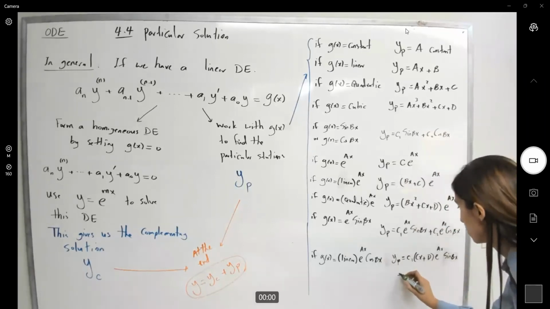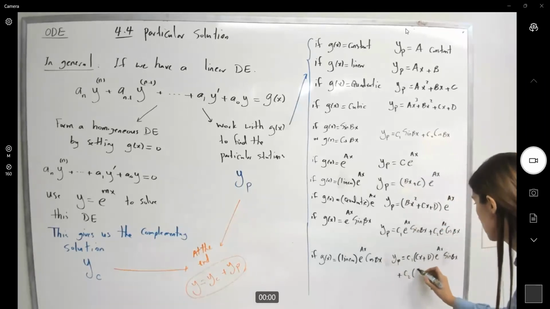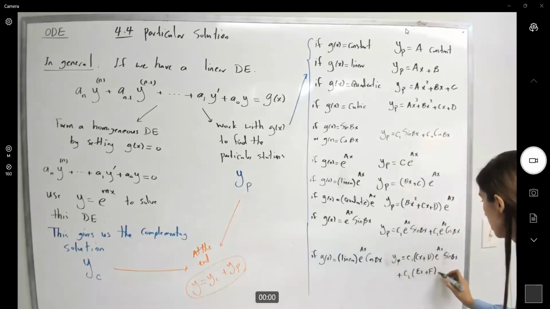The order is not important, plus c2 times (ex plus f) e to the ax cosine bx.